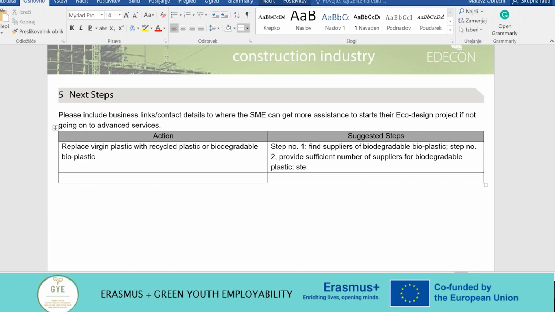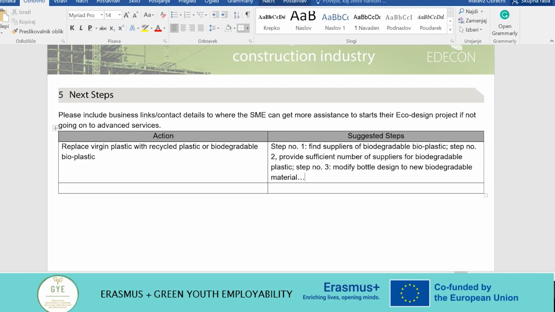Then you have step number 3, modify bottle design to new biodegradable material, and so on and so on.